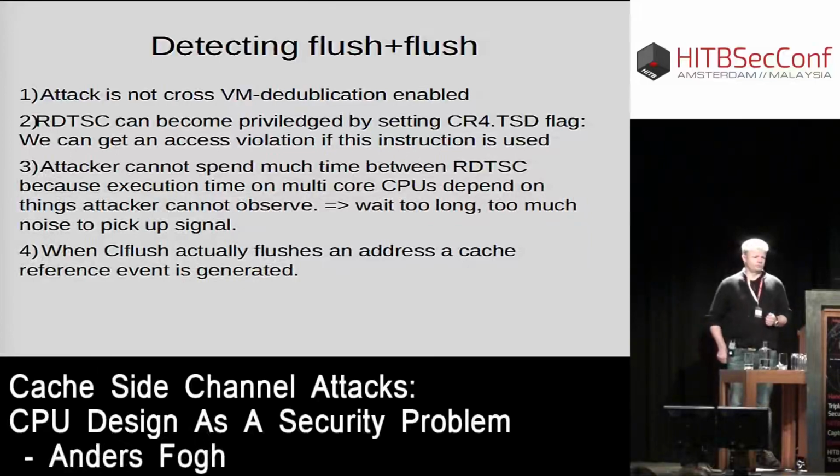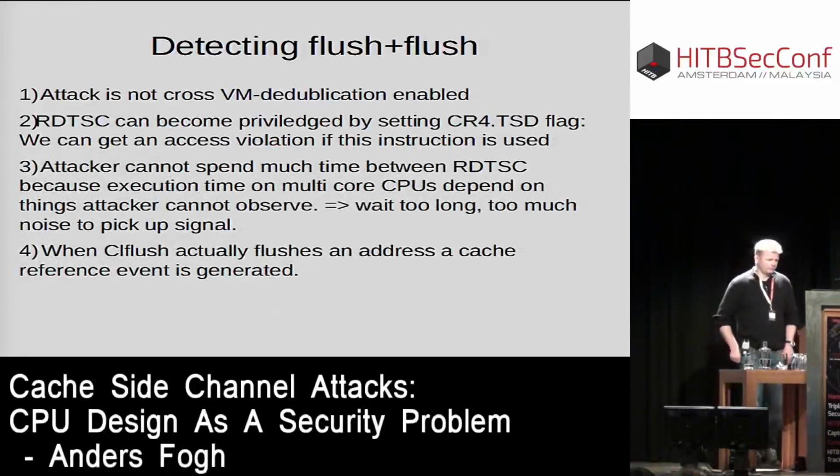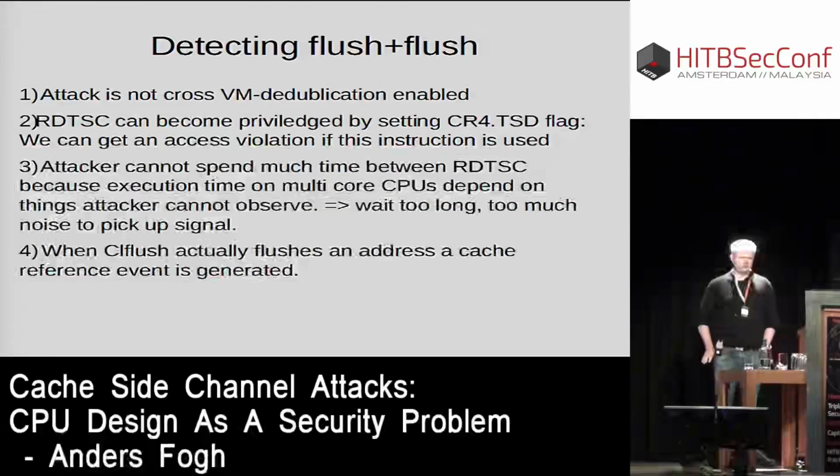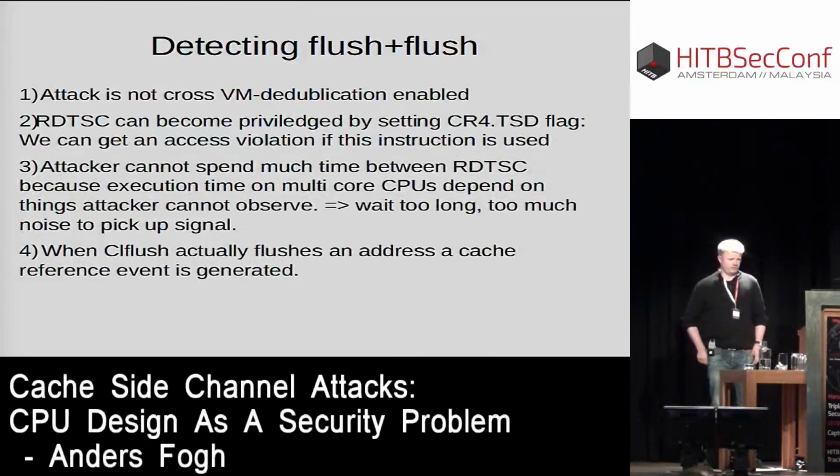Also, we need to talk about that the attacker cannot spend much time between the RDTSC instructions, and that is because on multi-core CPUs, there's lots of things going on, and this adds noise to the channel.